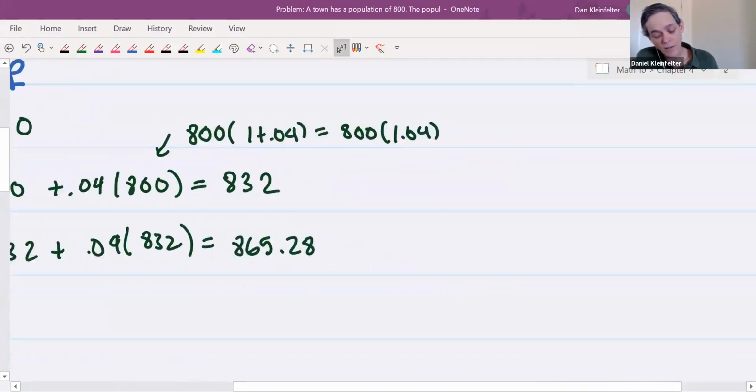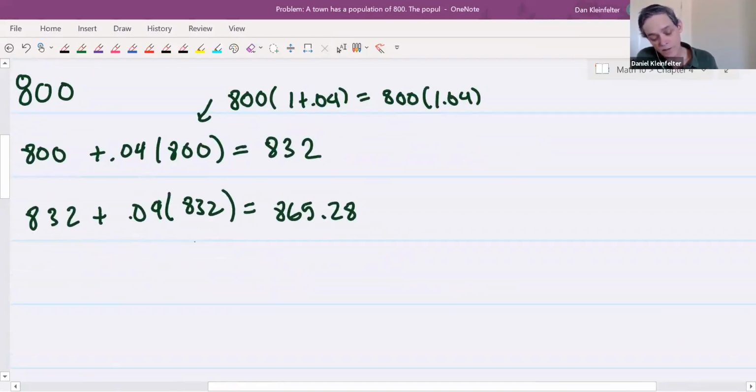And then in a similar way, the 832 times 0.04 plus 832, we could factor out that 832, and we'll have 832 times 1.04.